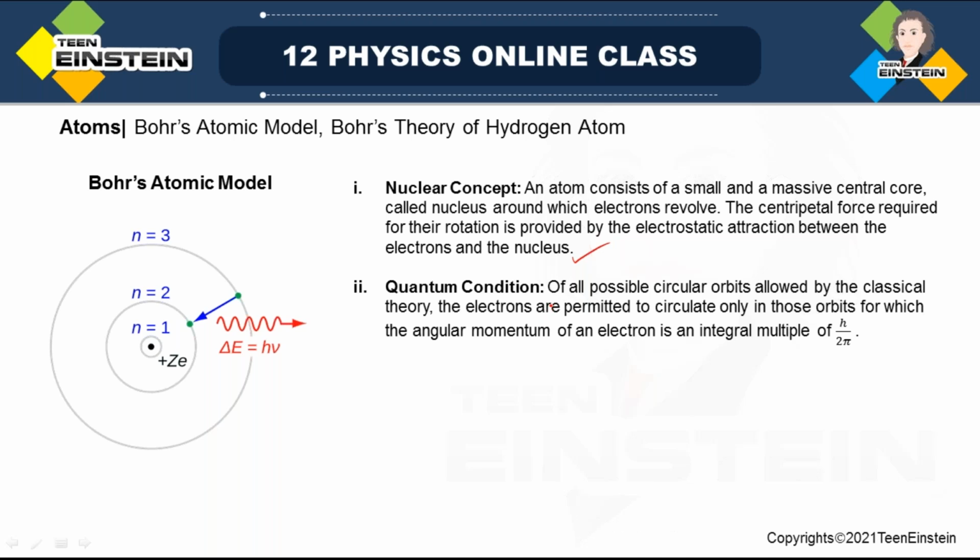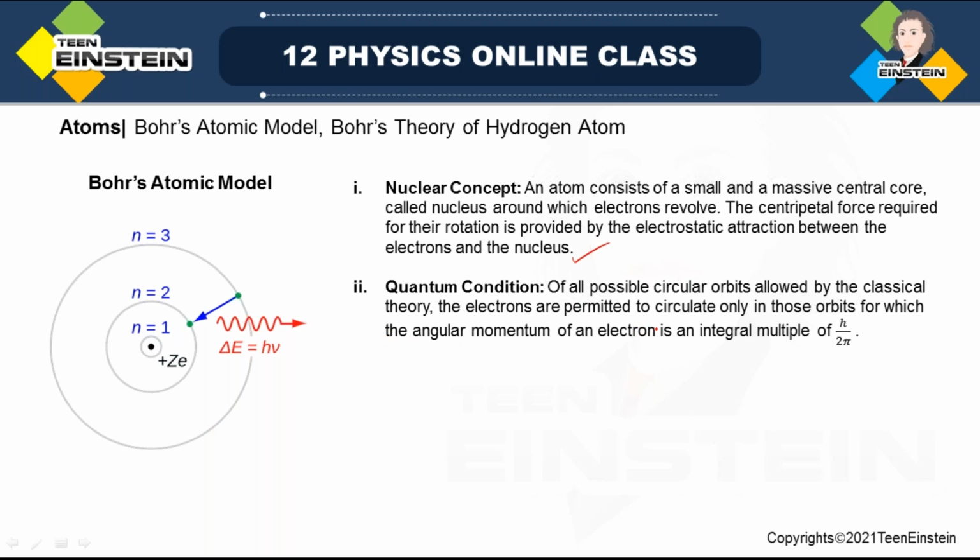Then the second postulate is called the quantum condition, which is very famous, and this will explain the stability of the orbit. This is the condition for allowed orbits. Of all possible circular orbits allowed by the classical theory, Rutherford had postulated atomic models according to classical theory.